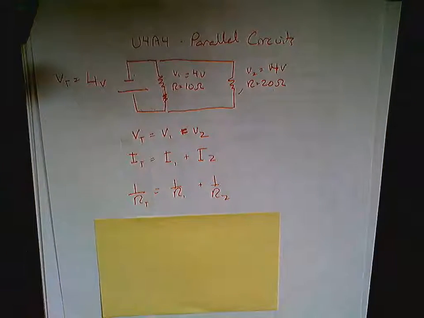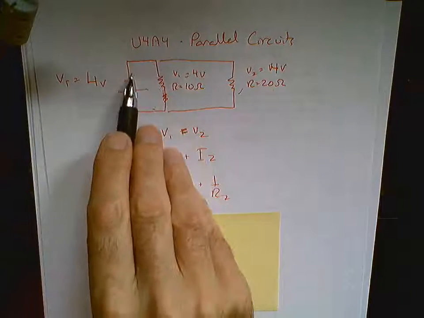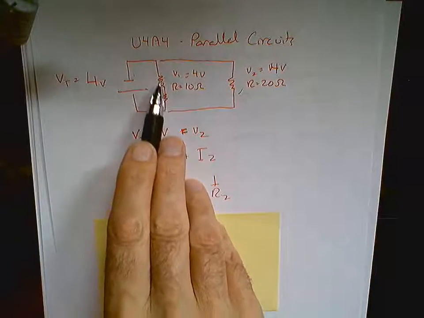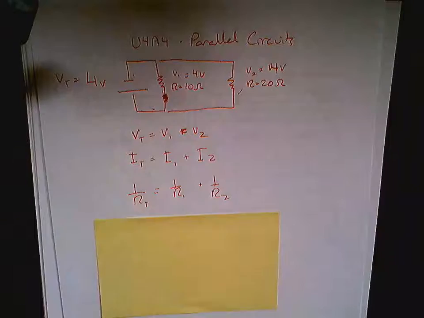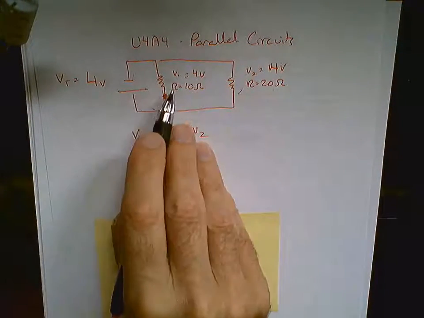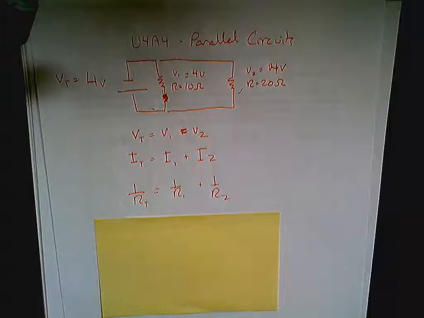So if you really understand what's going on, you would understand that this circuit gets 4 volts and this circuit gets 4 volts. These two that are on the same circuit would split up into 2 volts and 2 volts. Now, we're not going to go into what are called mixed circuits, but that is what would happen. Be aware, in a parallel circuit, if we start with 4 volts, each separate circuit gets 4 volts.